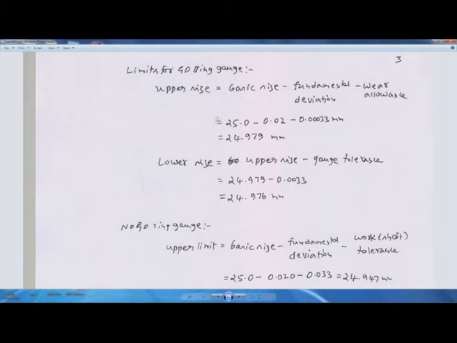Now, once we calculate the gauge tolerance and wear allowance, we can fix the limits for go ring gauge. The upper limit for go ring gauge will be equal to basic size minus fundamental deviation minus wear allowance.